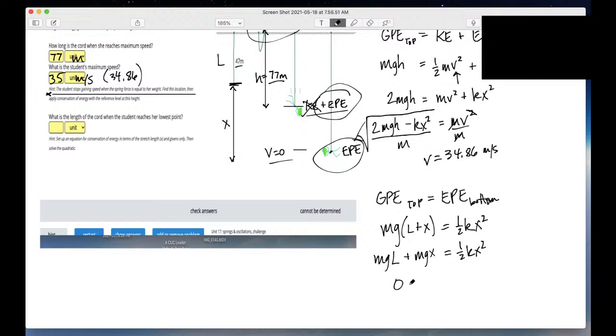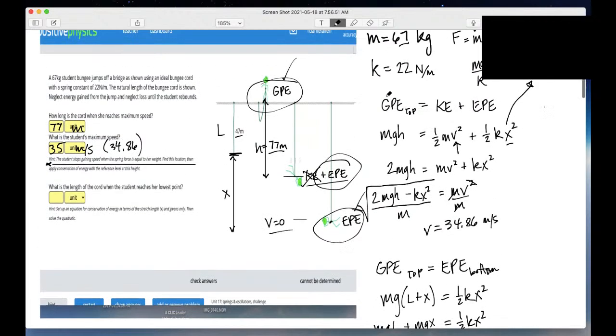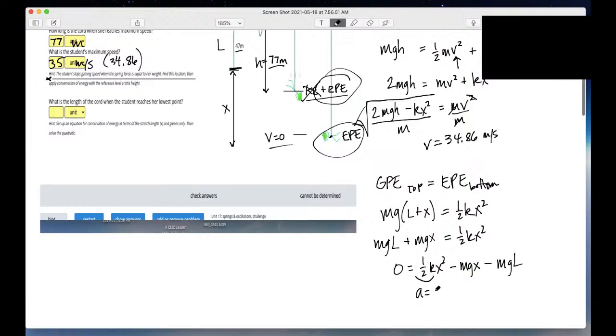So we're going to say 0 is equal to 1/2 k x squared minus mgx minus mgL. Now we have the quadratic form. So this is A. A is equal to half of k, and k is 22. So A is equal to 11.